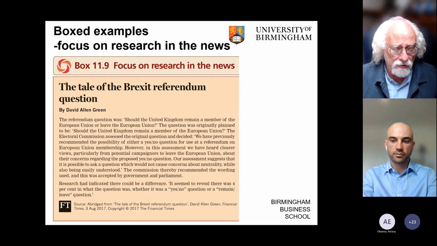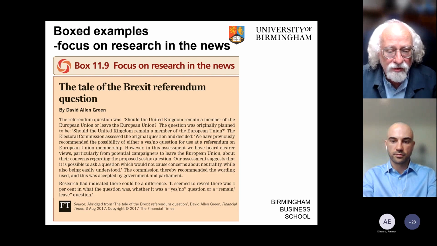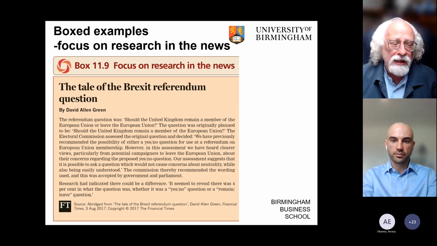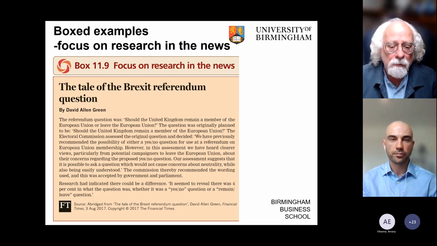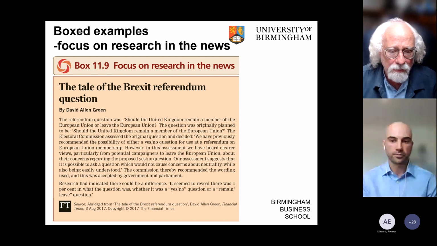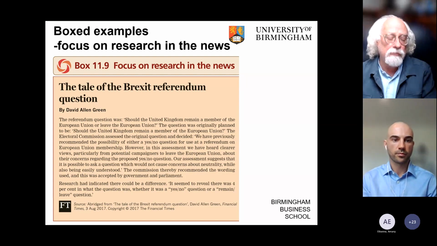Really crucial. It's in the chapter on questionnaire design, not surprisingly. But what we see is we start off with a question which is, should Britain remain or leave the EU? Which then, after the Remain campaigners made a number of complaints, got changed to should Britain remain a member? So the 'or leave' was removed.